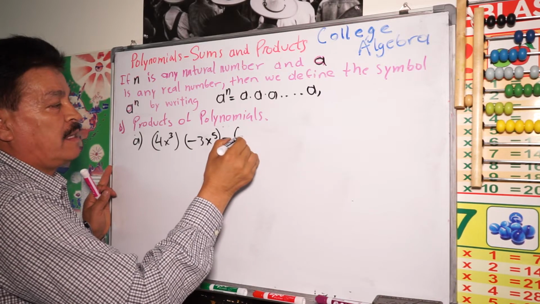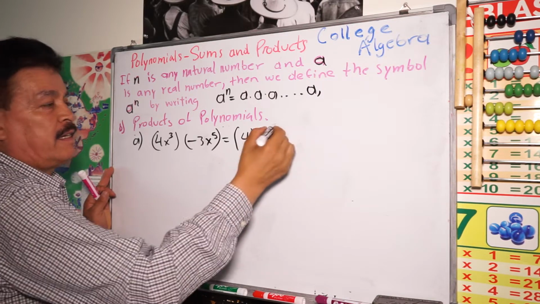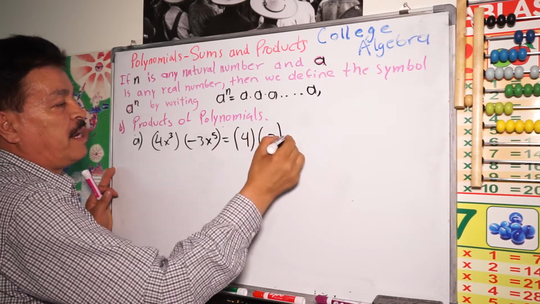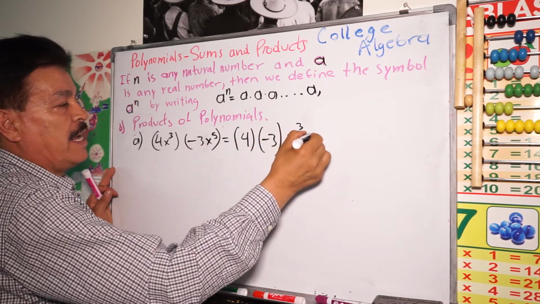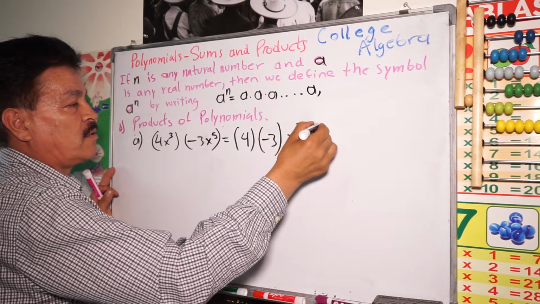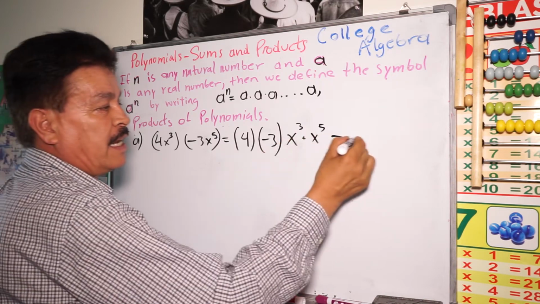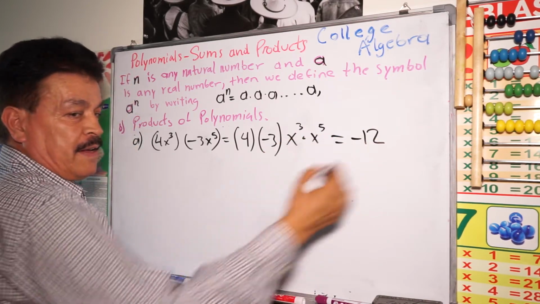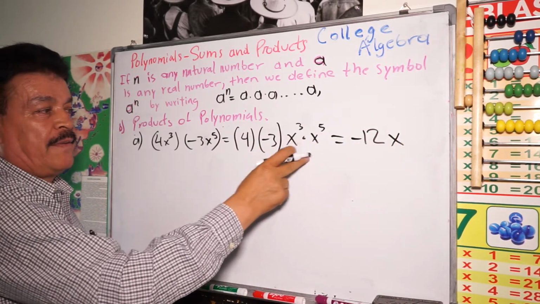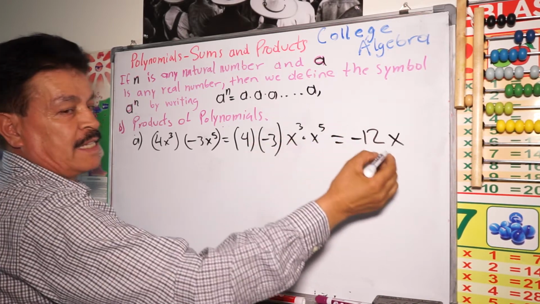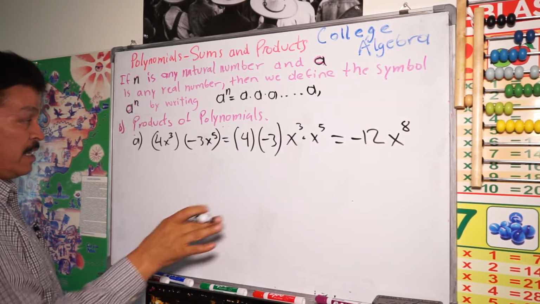So in this way, let's do this 4 times negative 3 here. The variables, write the variables here with exponent, x to the third power times x to the fifth power. 4 times negative 3 is negative 12, right? Okay. X, when you multiply the same base, the exponents are added, so it equals x to the 8th. Remember the rules before I write it here.